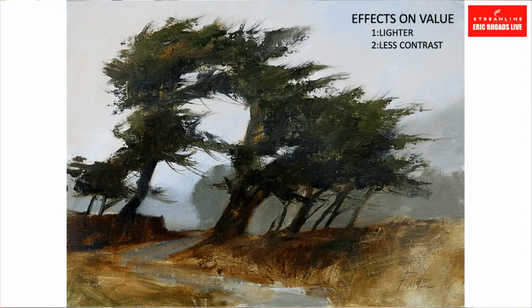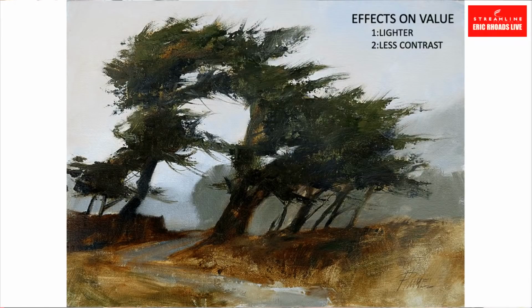The next thing that's affected that you should consider is the value. What happens to the value of colors? What effect does atmosphere have on that? It has basically two effects on the value.